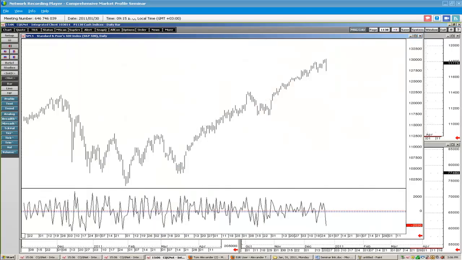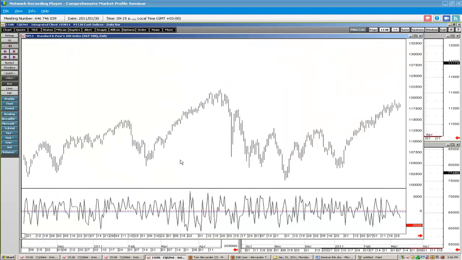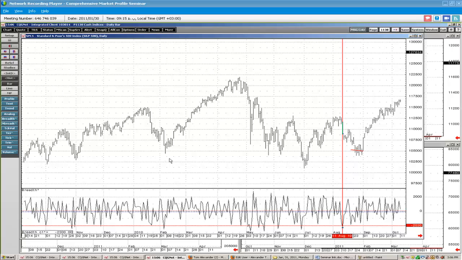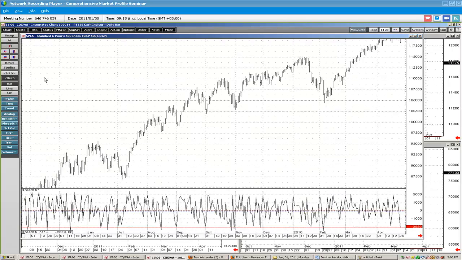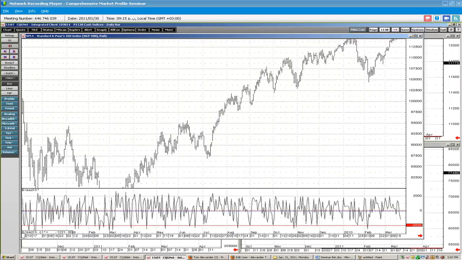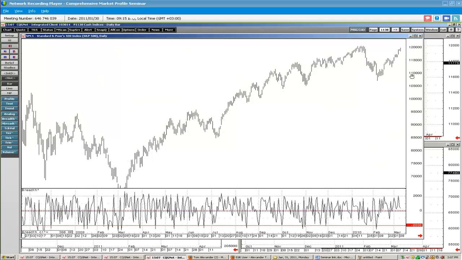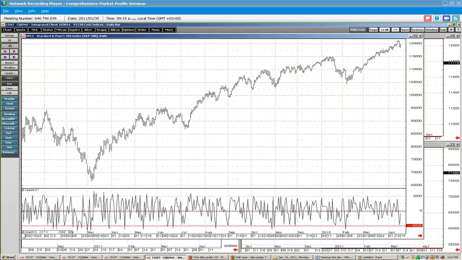similar situations in the rally off the 2009 March low, where breadth, when it would get oversold, you'd be at or near a momentum low with very little price damage following substantial retracement. So you can just sort of go through here and you can see. And you guys have seen this in the report.